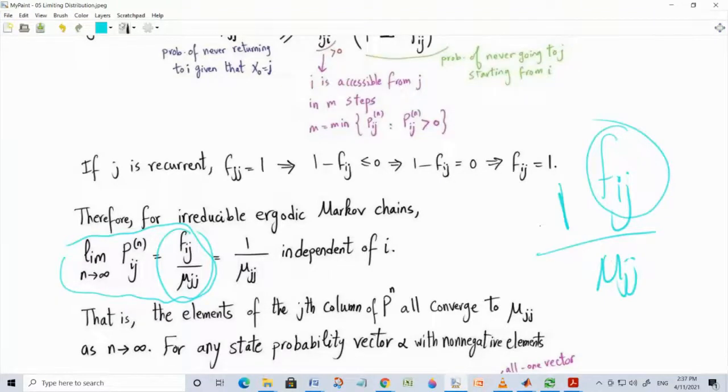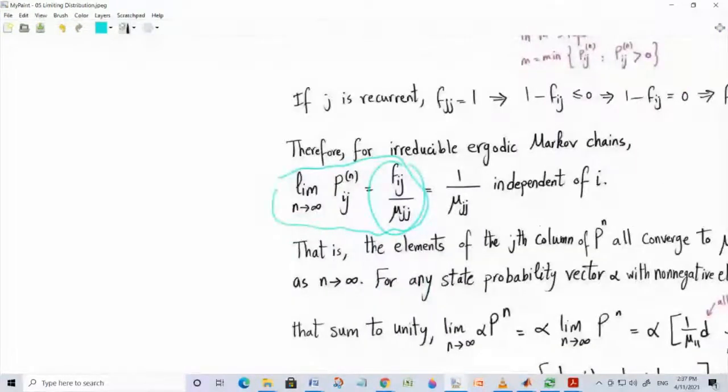So if you study P to the power n, p_ij(n) is an element in this matrix, element ij.